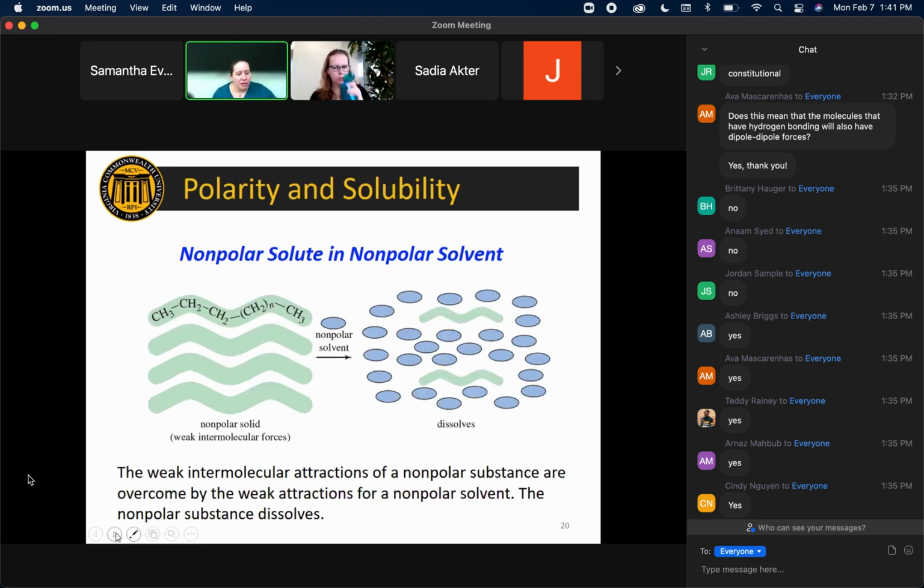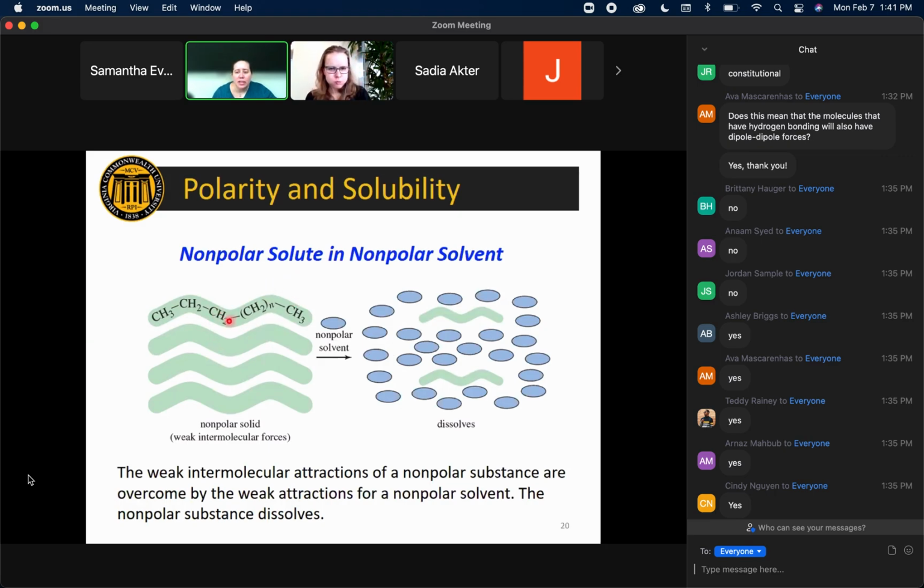Okay, so here's another cartoon version, looking at a non-polar solute in a non-polar solvent. This would be something like taking olive oil and mixing it with sunflower oil. You have these non-polar molecules that are greasy, is one of the words that we call them, but they're very susceptible to induced dipoles or temporary dipoles because they don't have any dipoles of their own.